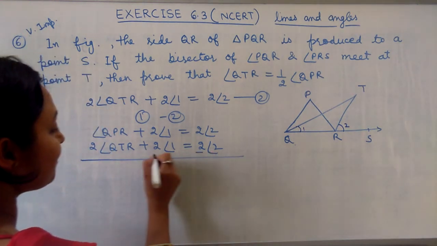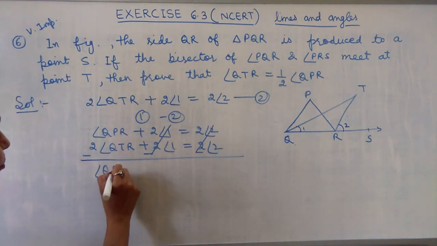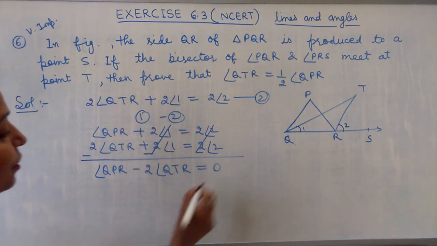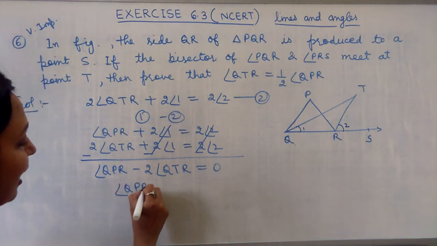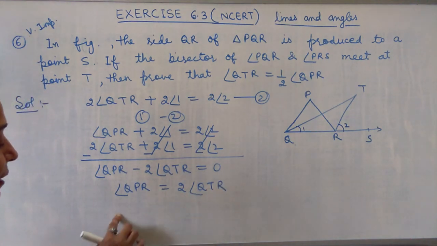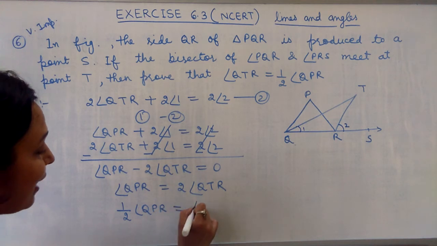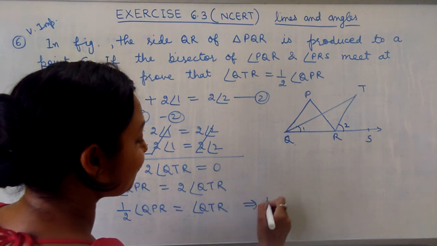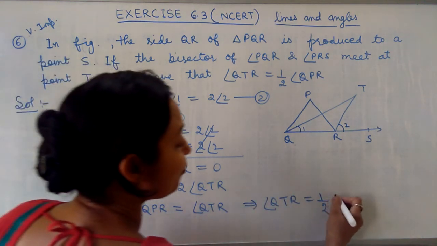After subtracting, the terms cancel, and we get angle QPR minus 2 times angle QTR is equal to 0. Taking this on the right hand side, angle QPR is equal to twice angle QTR. Dividing by 2, angle QTR is half of angle QPR.